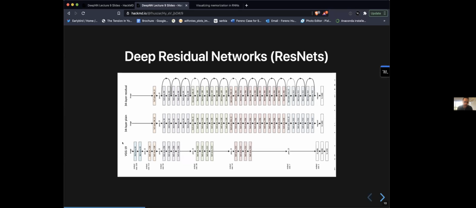On the left-hand side, we start from the image, and all these colorful blocks are different 3x3 convolution layers. And the different colors denote different feature map sizes. So between, say, the purple and the green layers, there is a pooling operation which reduces the feature map size by 2. And this featured in Nick's presentation as well.